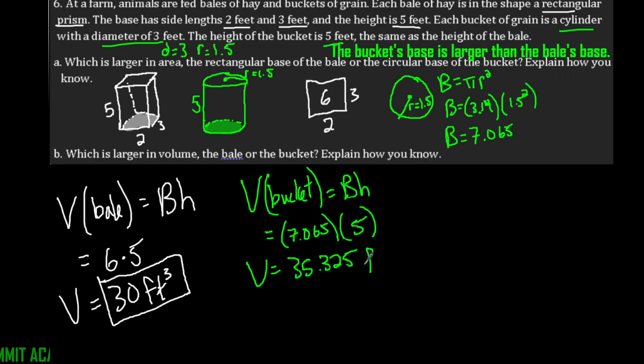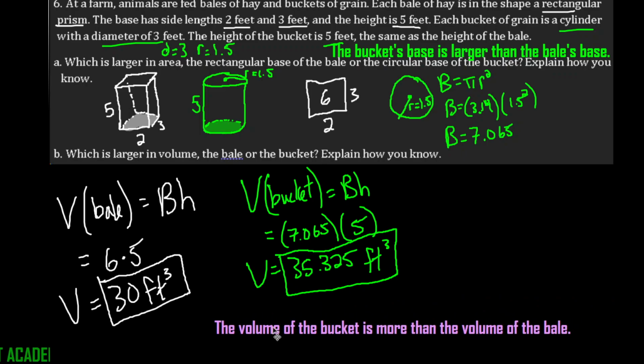We didn't need to do this, but I like to show how we get our answer. So real simple, comparing these two numbers, the volume of the bucket is more than the volume of the bale. So make sure you show or at least think about it in terms of those volumes.